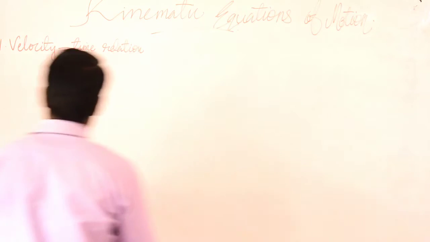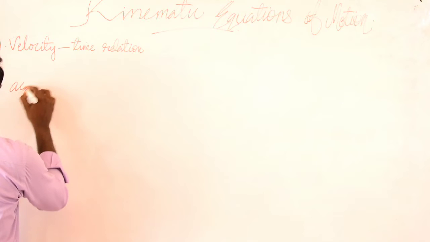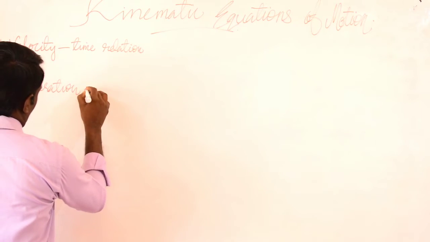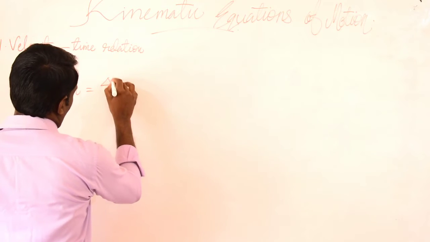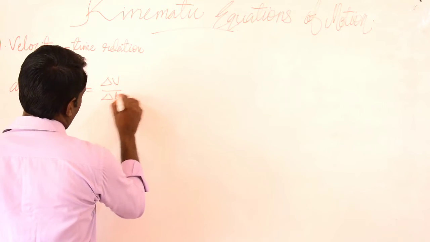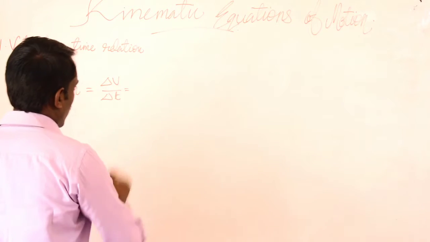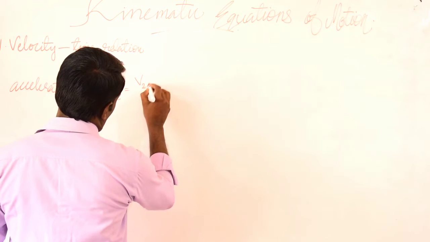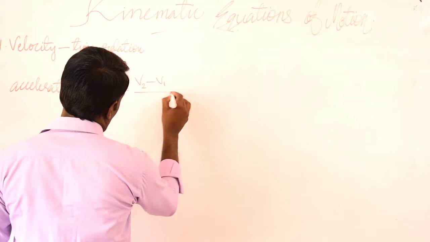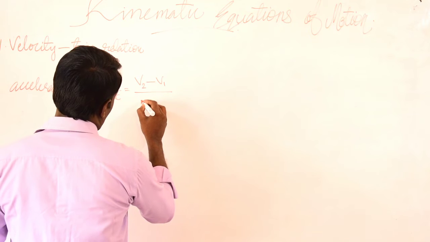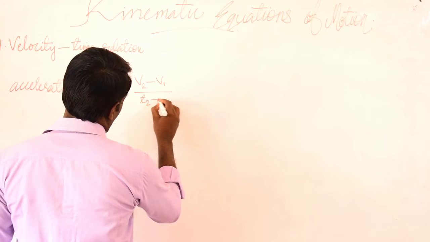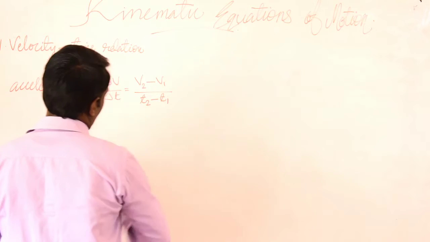Then we have acceleration is equal to delta v divided by delta t, where delta v is the change in velocity, that is v2 minus v1, divided by delta t, the change in time, that is t2 minus t1.